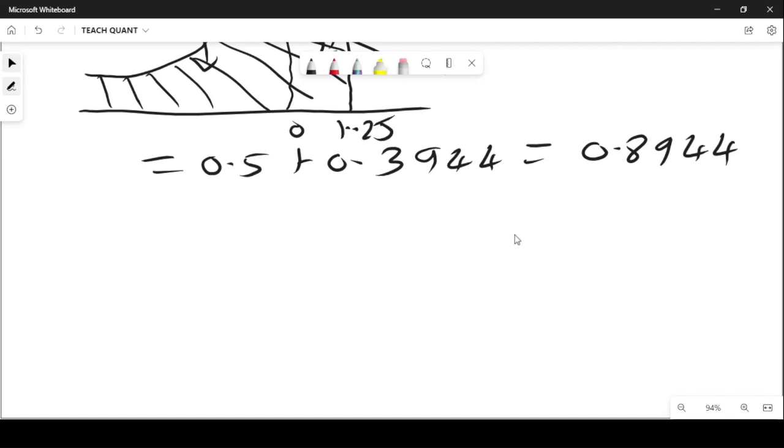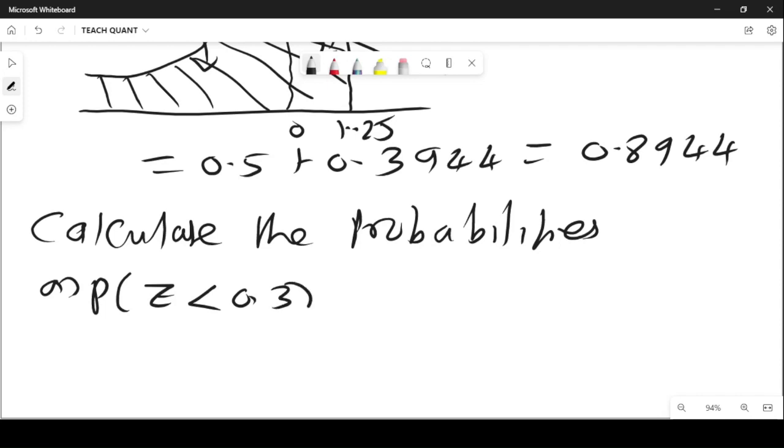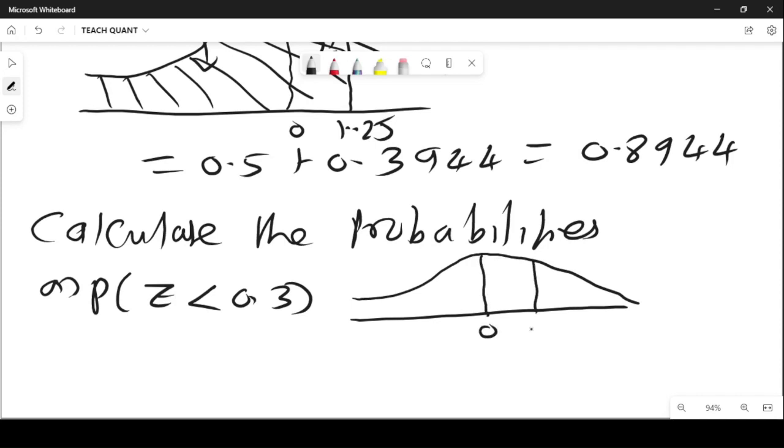Finally, I can give you other examples. For example, you are told to calculate the probabilities. The first one is you are told that the probability of z is less than 0.3. The best thing you can do for yourself is try to sketch the curve. Then you put 0.3.